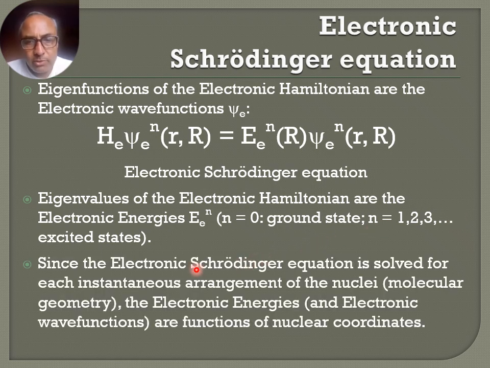Since the electronic Schrodinger equation is solved for each instantaneous arrangement of the nuclei, that is for a particular molecular geometry, the electronic energies and the electronic wave functions are functions of the nuclear coordinates. Note that the electronic energy is a function of the nuclear coordinates, and the electronic wave function is of course a function of the electronic coordinates, but it's also parametrically a function of the nuclear coordinates.